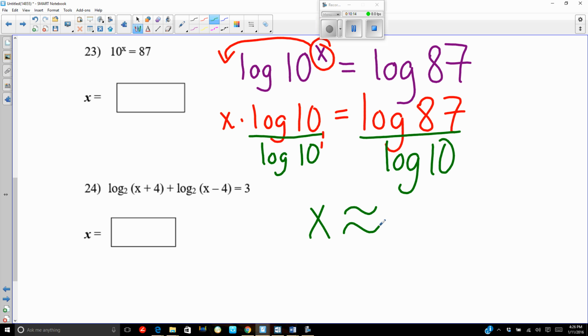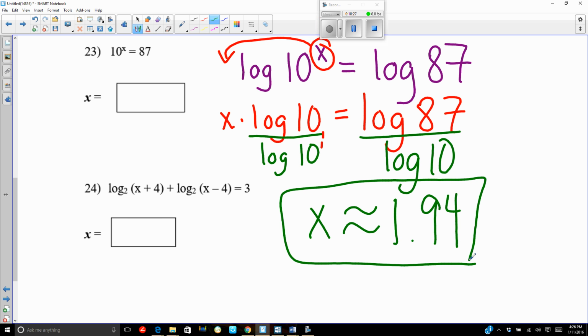So x is going to be approximately log 87 divided by log 10, approximately 1.94. As long as you show all that work, if you have 1.93, that's fine. 1.9 would be okay. Put it in the box.